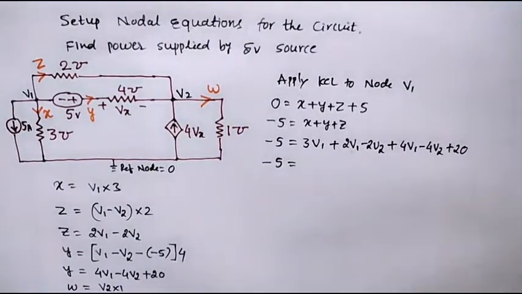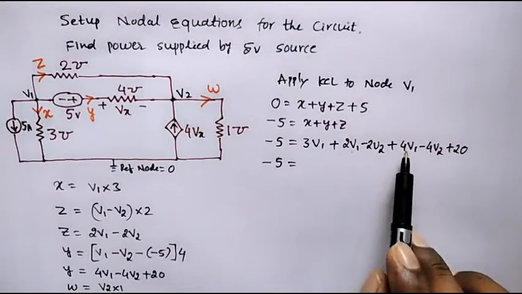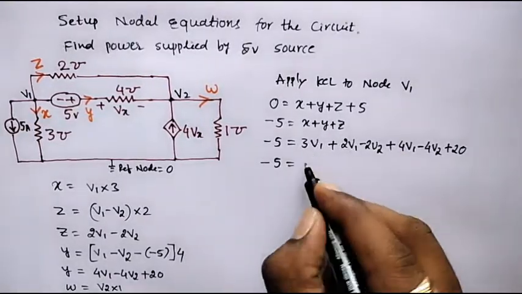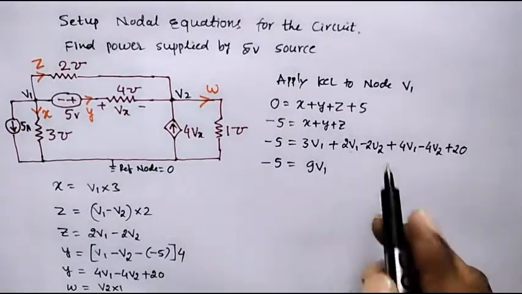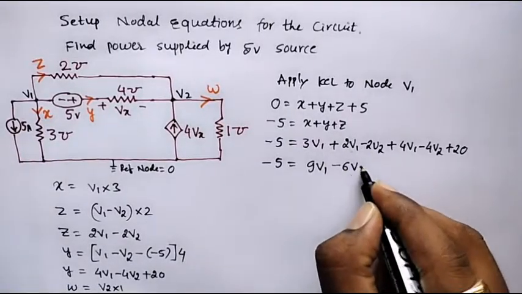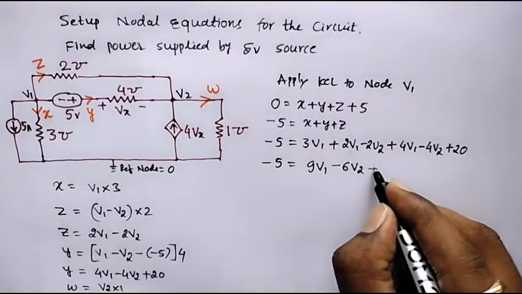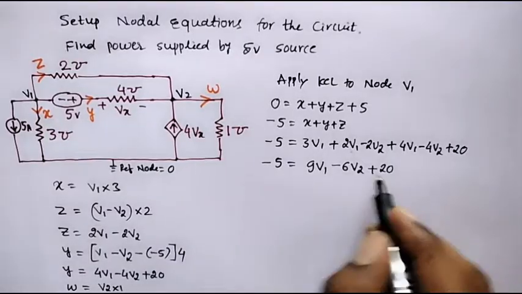Minus 5 is equal to, so here we have 3, 2 and 4, all are V1 coefficients, that is 9V1, V2 is minus 6V2, and here we have plus 20, or I'll take this 20 on the left hand side.